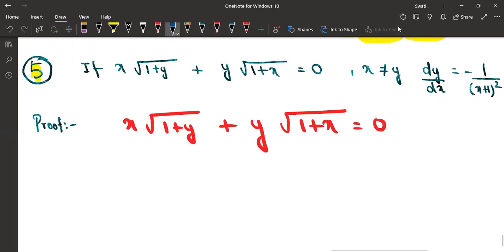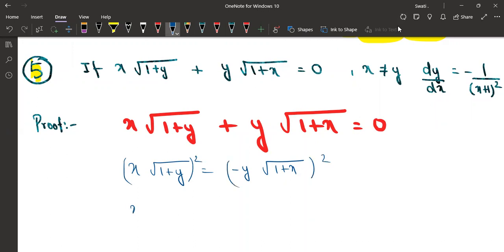Now what I'll do, I will write down this term as it is, x root over 1 plus y, and I'll shift this term to the other side. So it will become minus y root over 1 plus x, right? Now, I will take, basically, I'll take square on both the sides, or you can say on squaring both the sides. So what this will become? This will become square of this and the square of this, right?